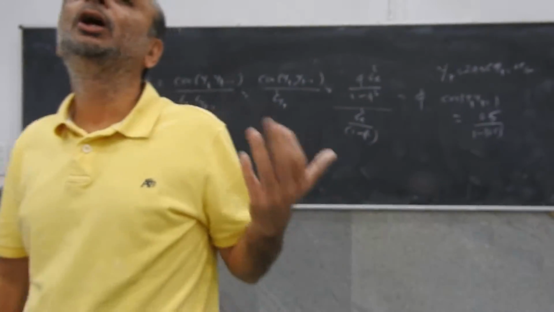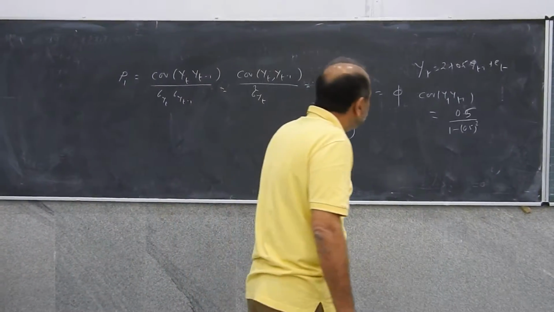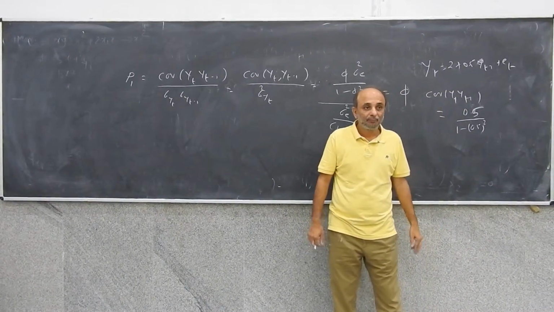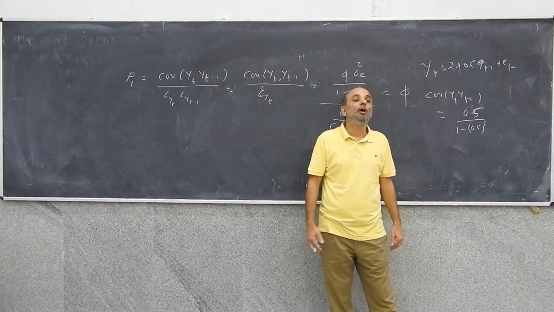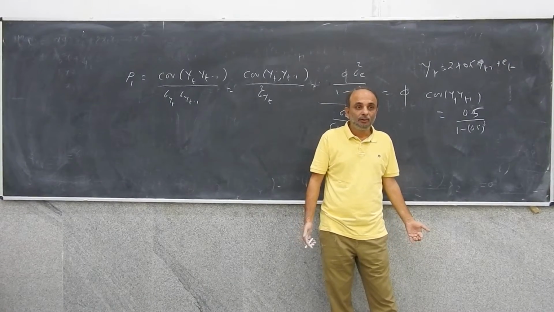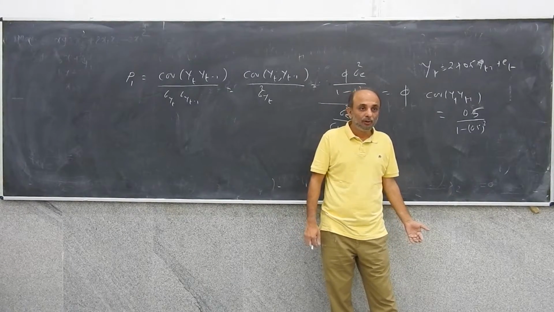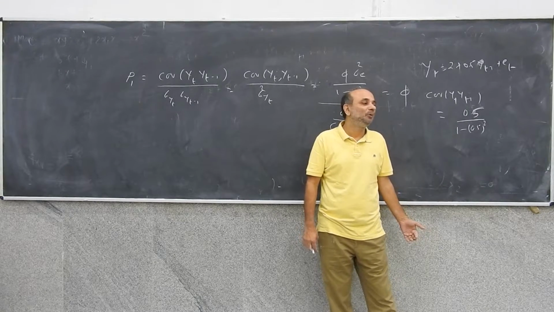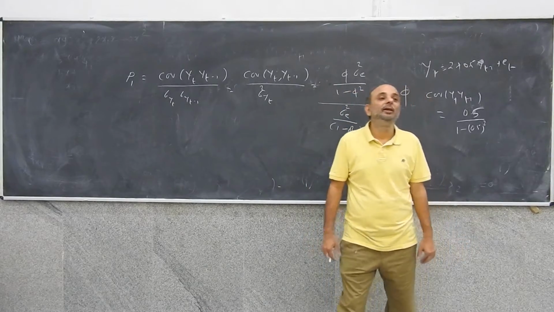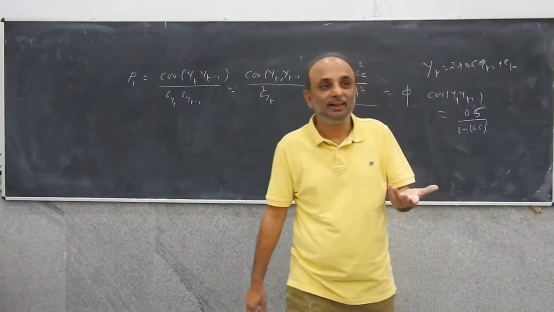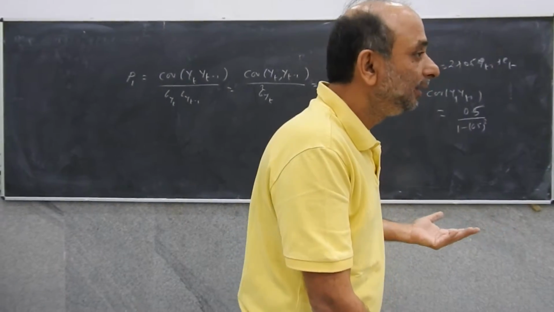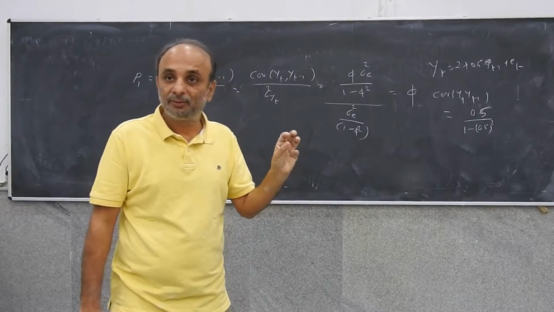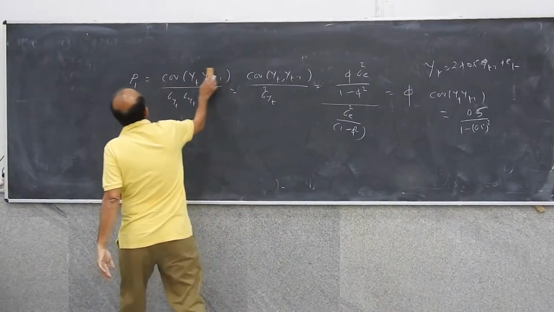If I ask you what is the covariance between yt and yt minus 1, you will say it is 0.5 upon 1 minus 0.5 square, which is 0.5 upon 3 by 4. So 1 upon 2 into 4 by 3, which is 2 by 3. Covariance is 2 by 3, whereas correlation is 0.5.